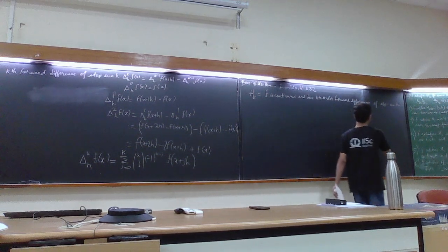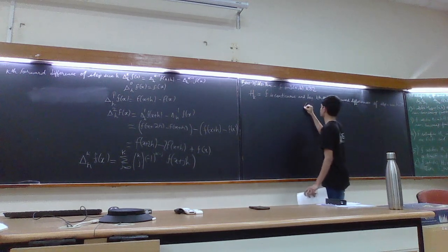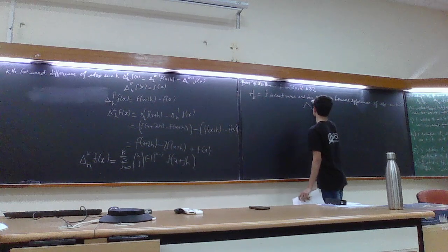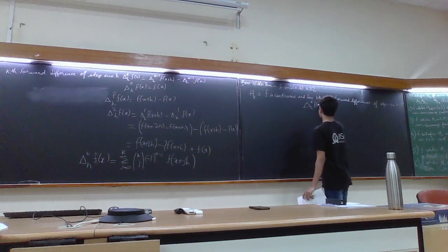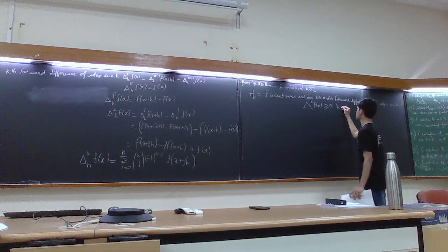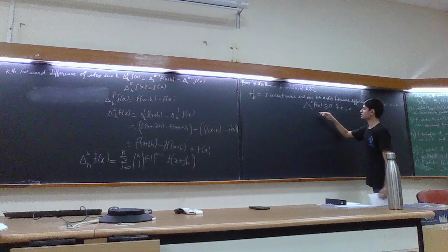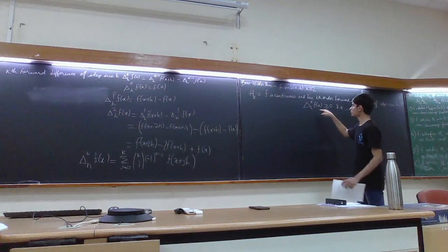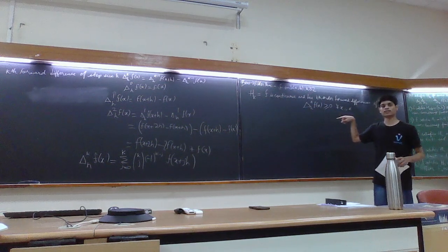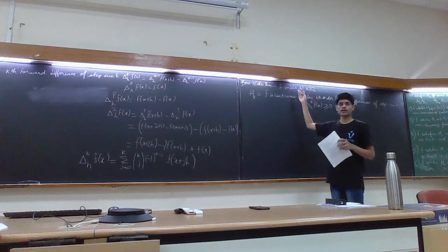This is non-negative, which is to say that delta_h^k f of x is non-negative for all x such that all the points which are being given as input to this function are in this interval (a, b).